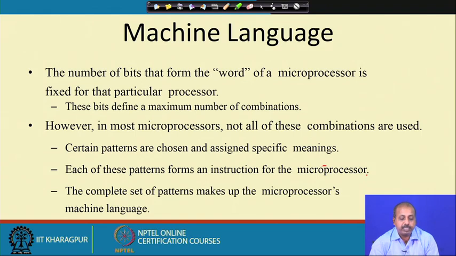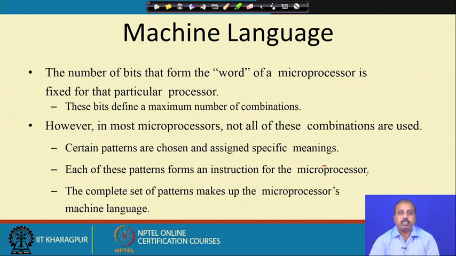The number of bits that form the word of a microprocessor is fixed for a particular processor. If I say that the word size is 8 bit, that tells me the maximum number of combinations I can have. If the word size is 8 bit, the total alternatives are 2 power 8 equal to 256.